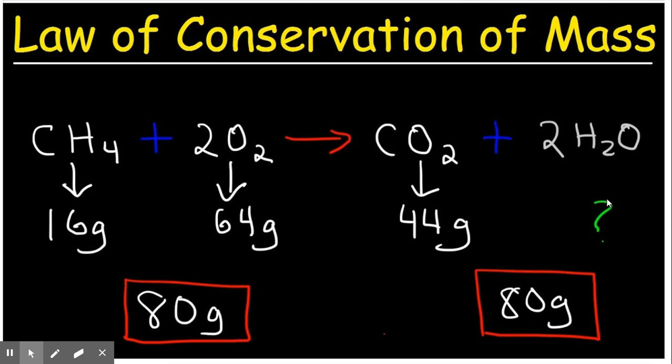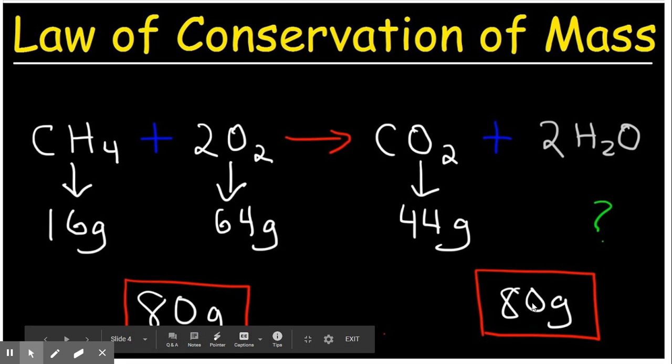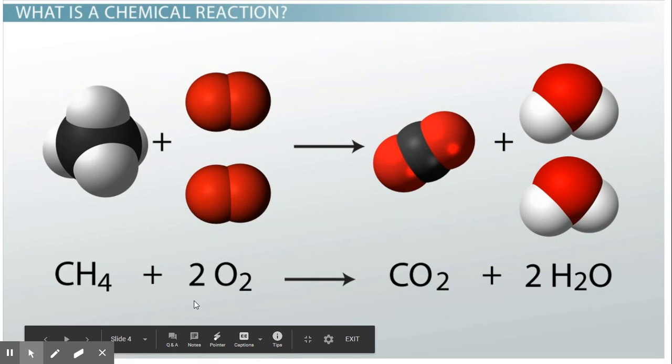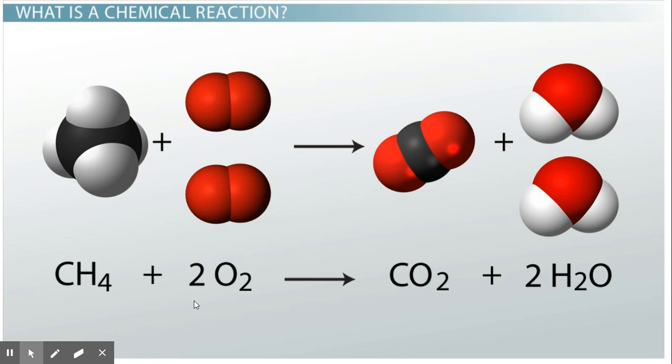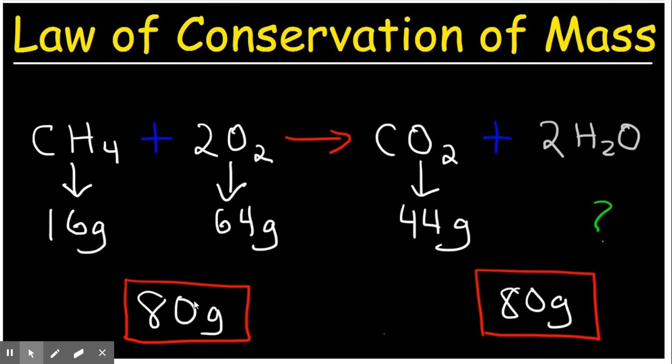The other 36 grams have to be water, because the right side has to equal the left side. So again, not only do you have to match up the atoms on the left and the right, you also have to add up or match up the masses on the left and the right. So that's basically, in a nutshell, what the law of conservation of mass is.